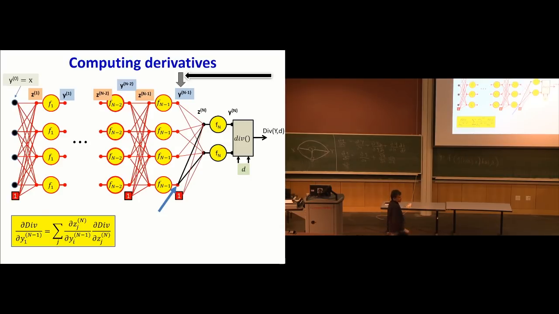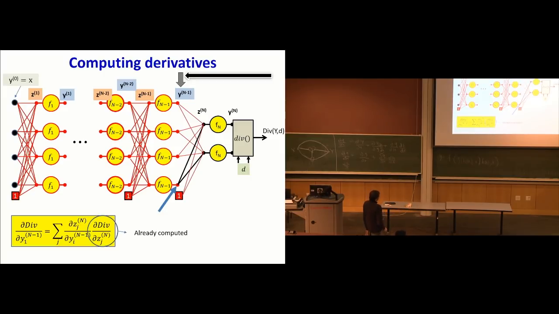Remember our influence diagrams? So now we have to sum over both of those. Which means that I'm going to be summing over all paths going out of this neuron. I'm going to compute the partial derivatives down that path, which is going to be the derivative of the divergence with respect to the z times the derivative of the z with respect to this y, plus the derivative of this divergence with respect to this z times the derivative of the z with respect to this y.